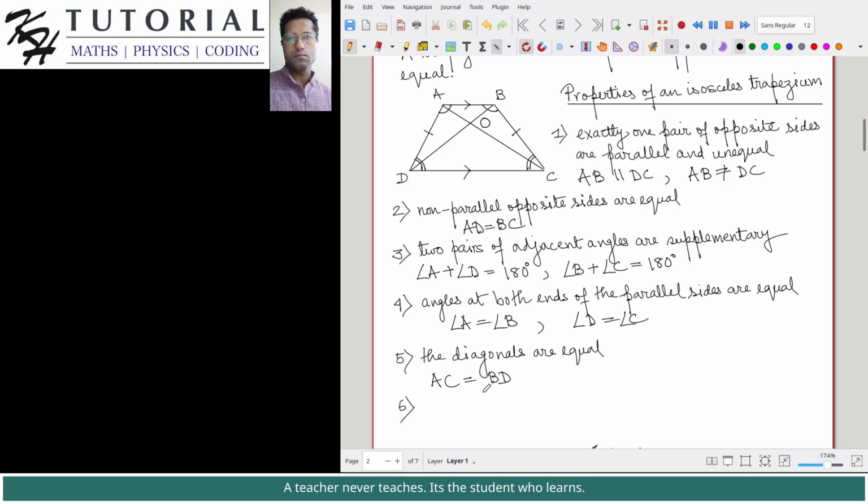Property 6 is that there are many results, and if you can remember, it is fine. I think it is better to remember that the two opposite parallel sides, that is AB and DC, form isosceles triangles at the point of intersection of the diagonals.